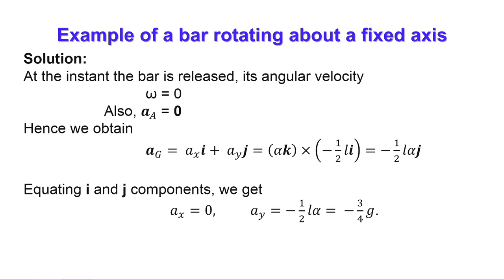When it is released, omega, the angular velocity, is 0, and the supporting point has no acceleration, so a A equals 0. So, we can write a G equals a x i plus a y j equals alpha k cross r. Equating the i and j components, we can find a x and a y.